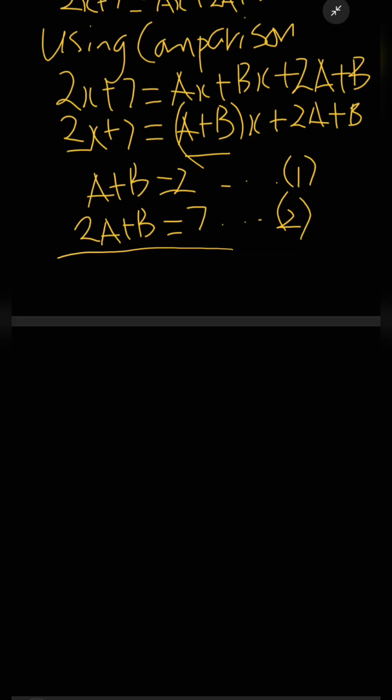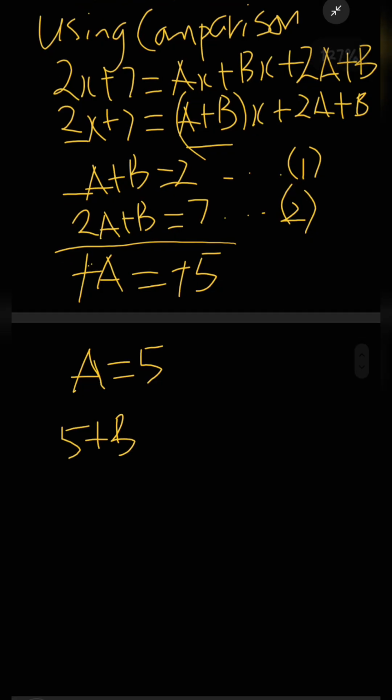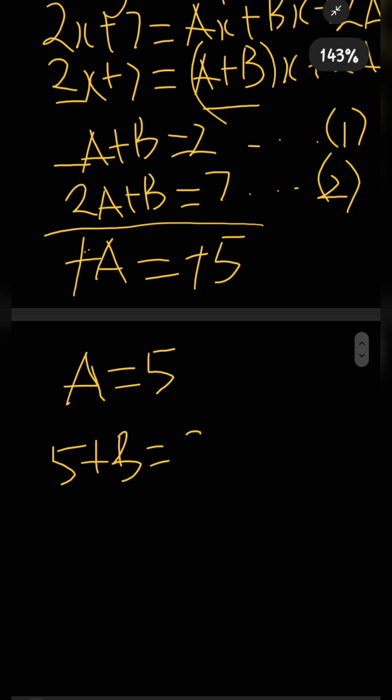We subtract, and our b is going to cancel. So a minus 2a will be minus a is equal to 2 minus 7 is minus 5. So minus cancels minus. Our a is 5. Now putting a as 5 into equation 1, we have 5 plus b is equal to 2.